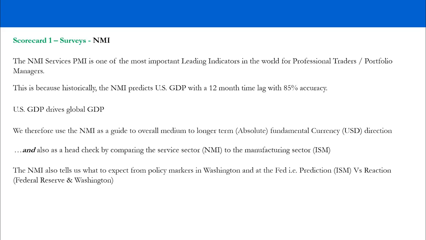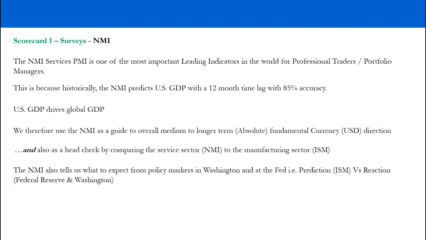So with the ISM non-manufacturing, we're using leading indicators to predict coincident indicators, what's happening in the economy right now with inflation, jobs, and GDP, and we're predicting what the reaction is going to be from the Federal Reserve, the central bank, and Washington.